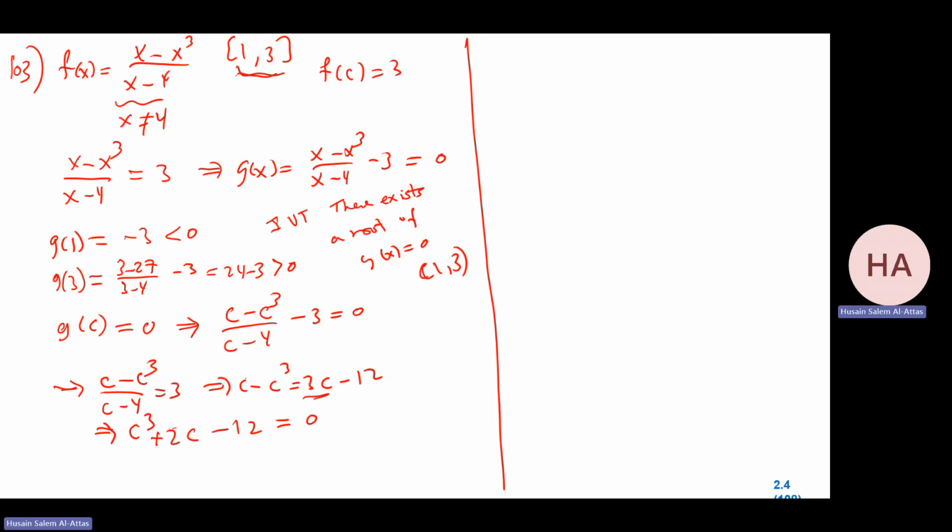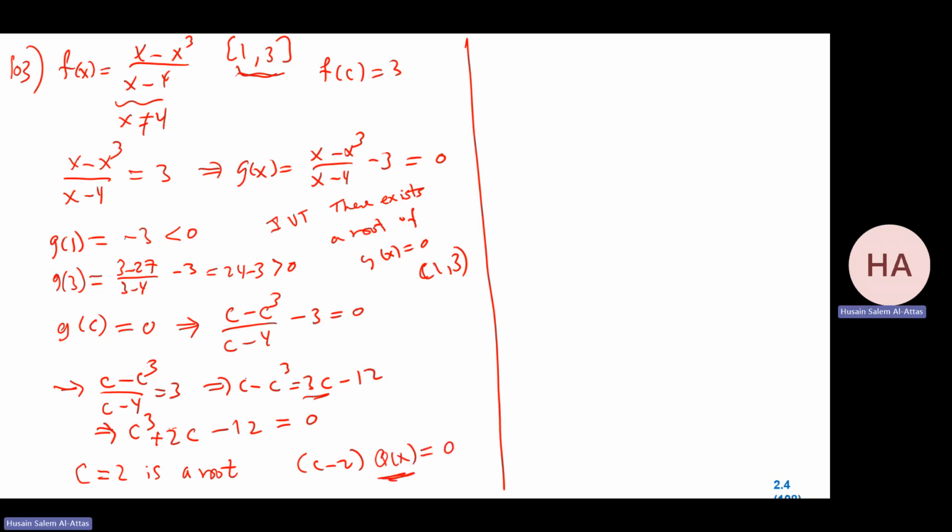Now I can solve this. If you notice, c equal to 2 is a root. Very clear root. So that will be factored as c minus 2 times some q of x equals 0.